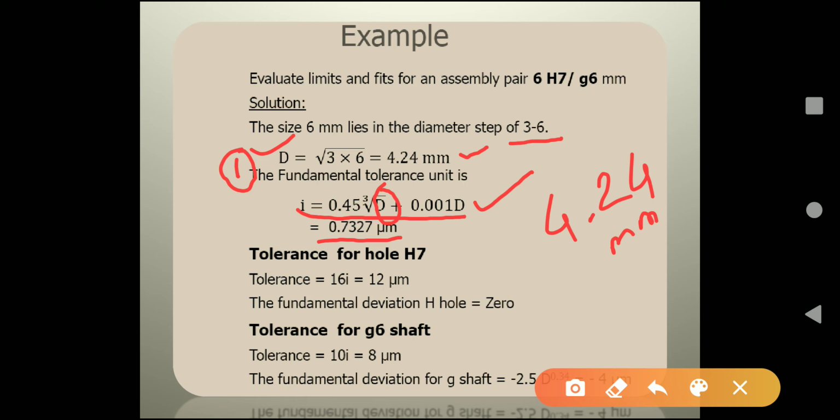So this I value is calculated, and it is further used in the calculation of the tolerance zone for a hole as well as for a shaft.